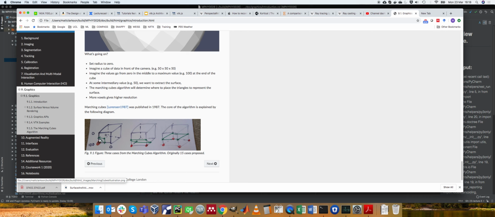So just to consider a couple more cases, I've picked the simple ones that I can draw on pen and paper. So again, if you imagine another block of data, these 2 are above the threshold, the remaining 6 are below, and you can see that we can identify these 4 points, and these define a surface representing the fact that the contour, the isosurface you're looking for, intersects in this plane.